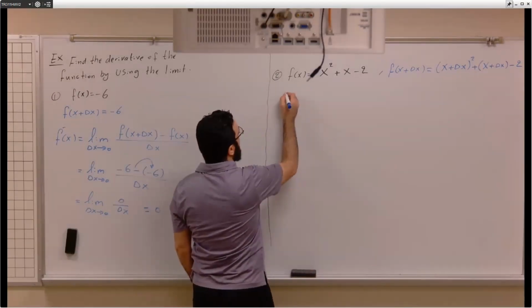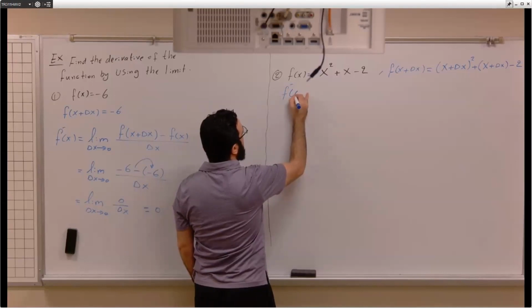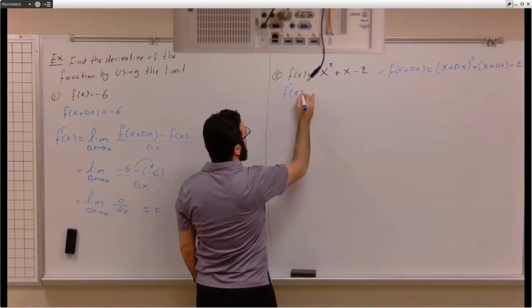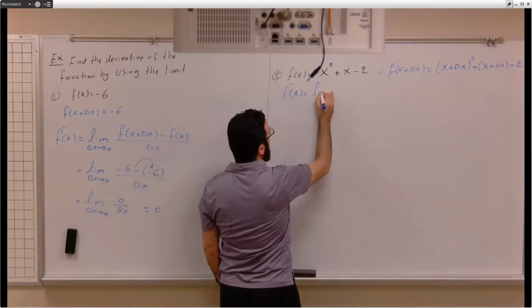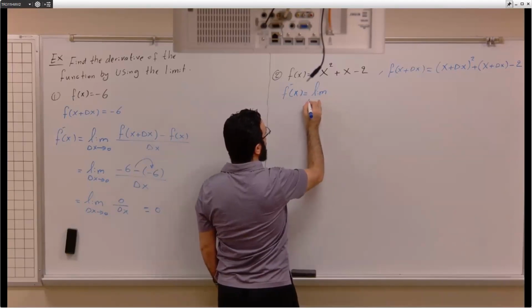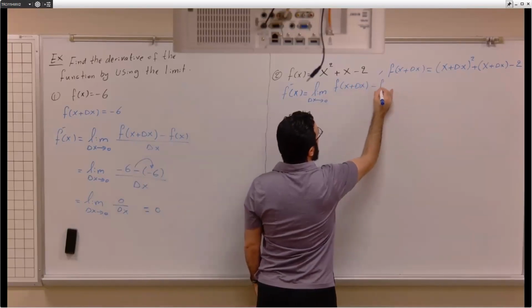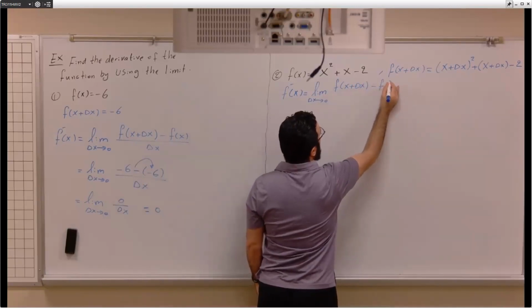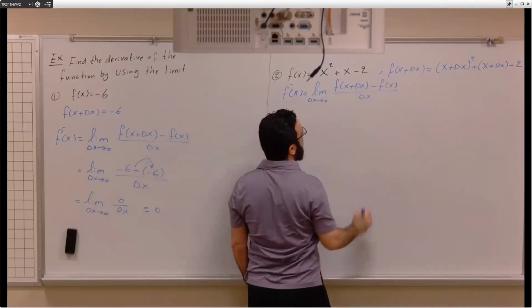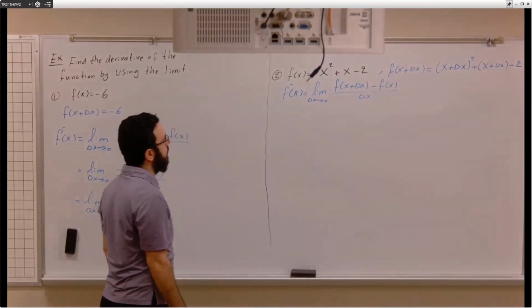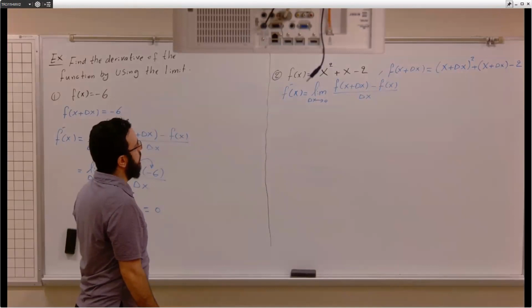So now the derivative f prime of x is going to be the limit when delta x approaches 0 of f of x plus delta x, minus f of x, and divide by delta x. So let's plug in everything here.